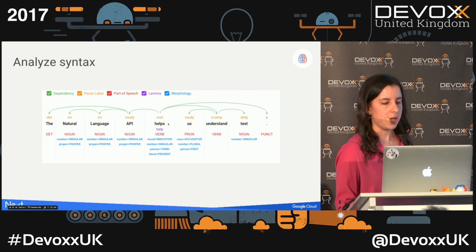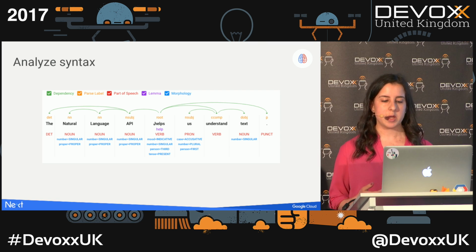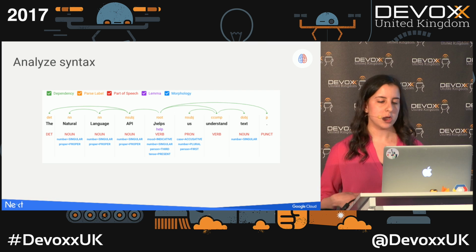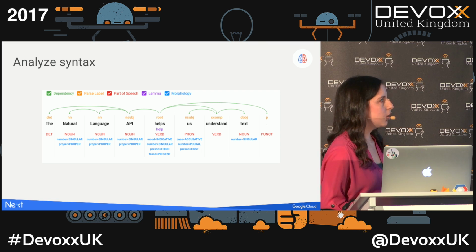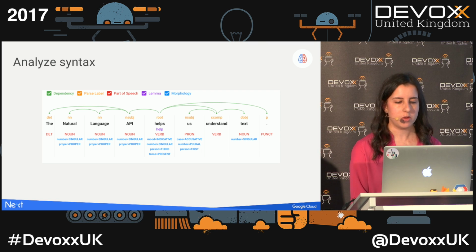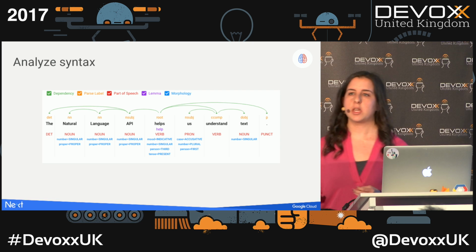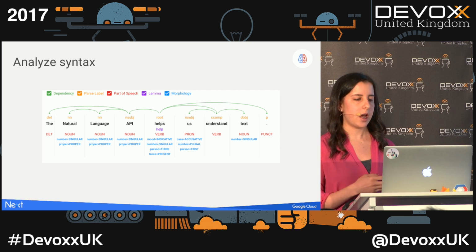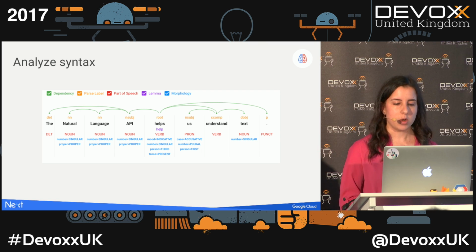So we get data there on, let's say we wanted to extract all the subjects from all of the sentences that are coming in. Maybe it's from customer support tickets, something like that. In purple, we have the lemma, which is just the canonical form of the word. So for helps, it is help. So if you wanted to count how many times a specific word was being used, you probably don't want to count helps and help as 2 different ones, so you can use the lemma to get the root form of the word.